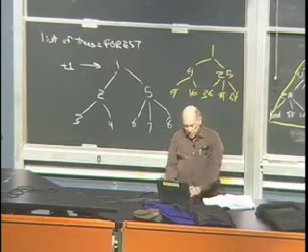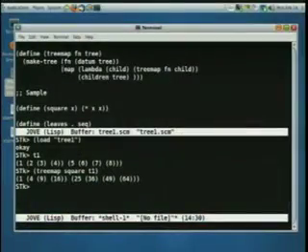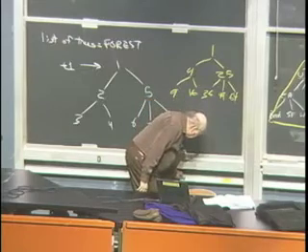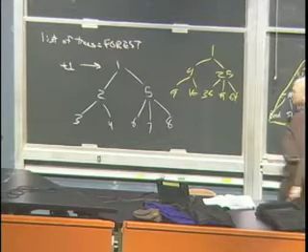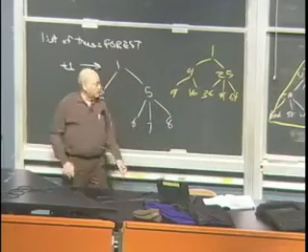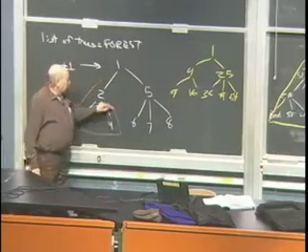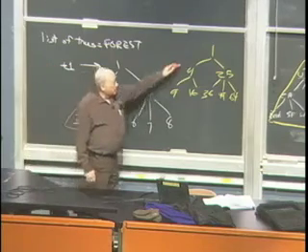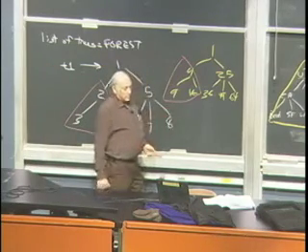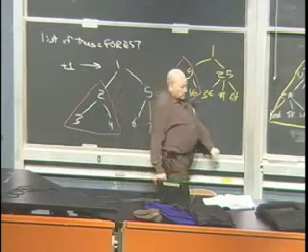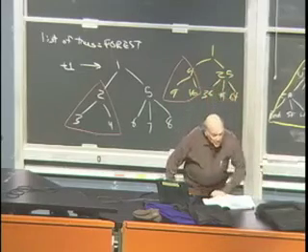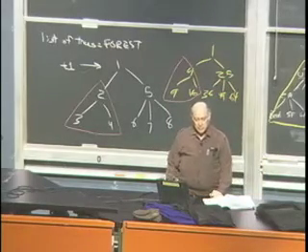So now we have to say, what should the children be? Well, the result of calling tree map on, let's say, this node right here is this node right here. Okay? And in general, in the result, we're going to have one child in the result for each child we have in the original, right?